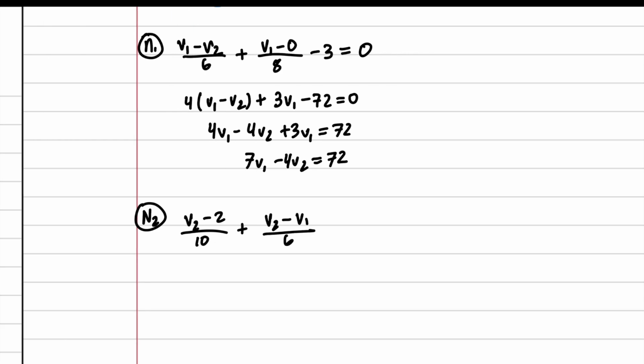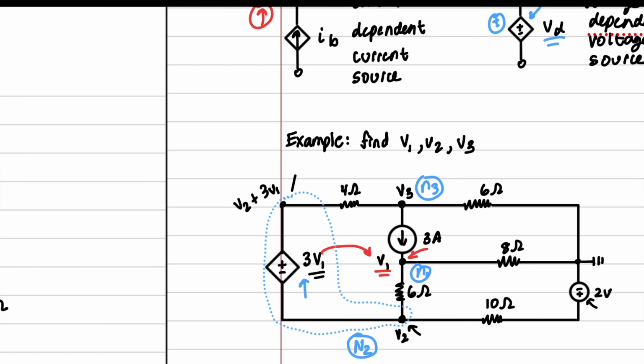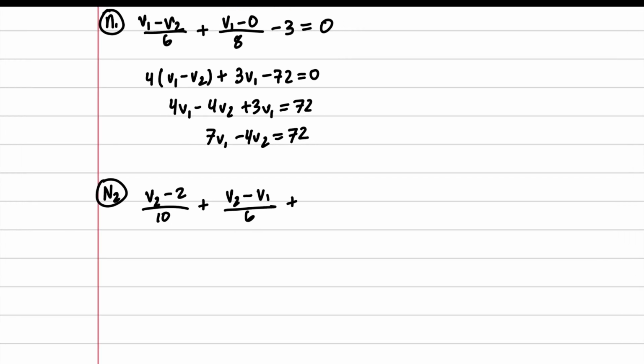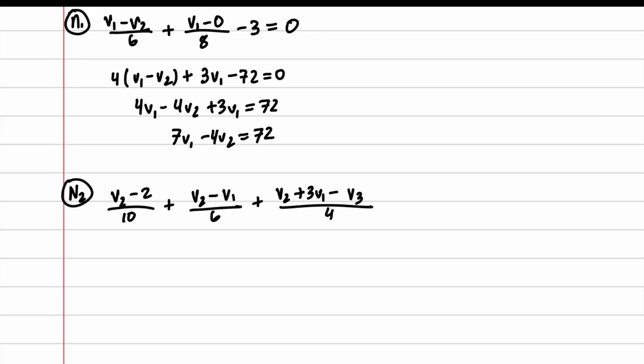And now we are going to take into account this portion of the supernode. So we're going to have plus V2 plus 3V1 minus V3 over 4 equals 0.